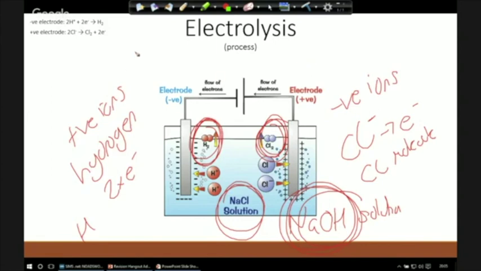Finally, if you're doing triple science, and maybe if you're unlucky in a higher paper, you will need to very quickly know the half equations. Two parts of this. Just ensure that the number of electrons are the same for both half equations. In other words, 2 electrons, 2 electrons.